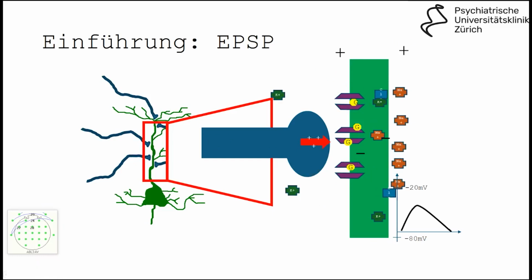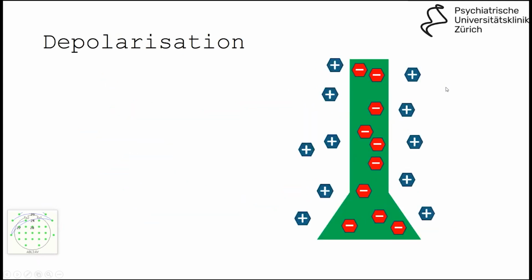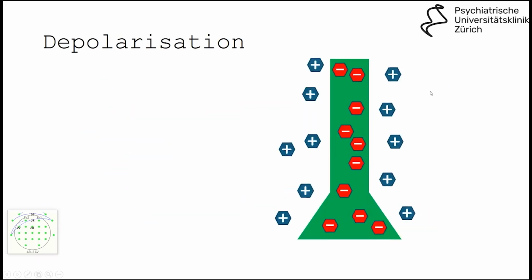You see that the potassium goes out, the sodium goes in, and there's a change of the polarization of the dendrites. You see plus gets inside and the minus gets outside, and this change of polarization is what we can measure, and you can see it here again.